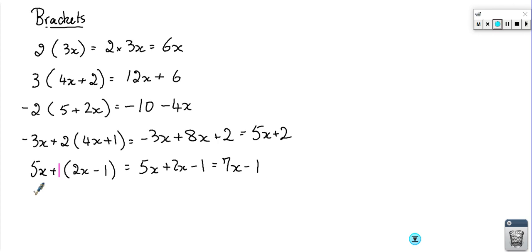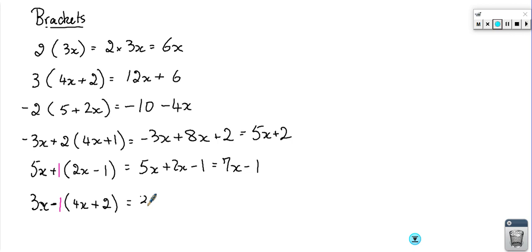Suppose I have to simplify 3x minus bracket 4x plus 2. Now, as I said earlier, there is nothing in front of that bracket. It means there is a 1, it's hidden. So let's write down that 1, because now we have a negative sign, and that negative sign might cause problems.